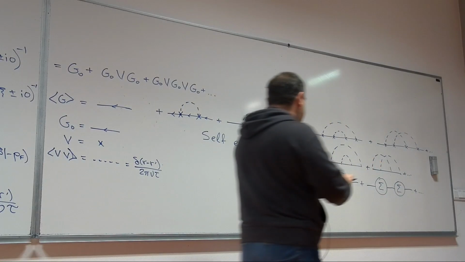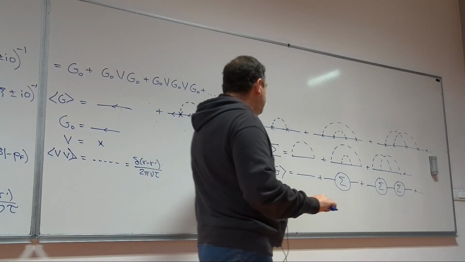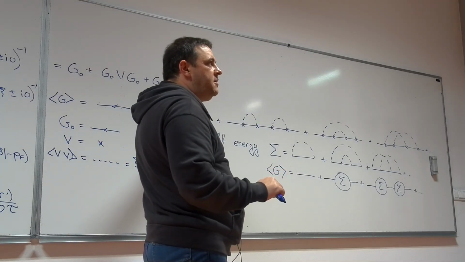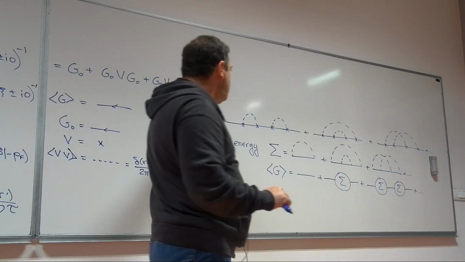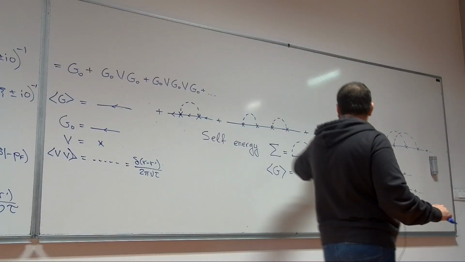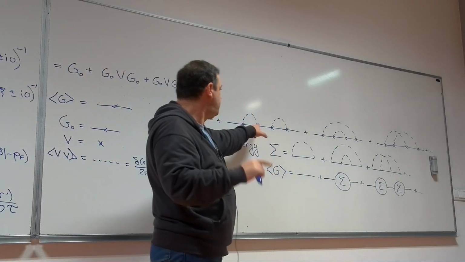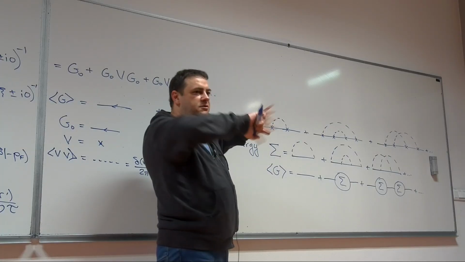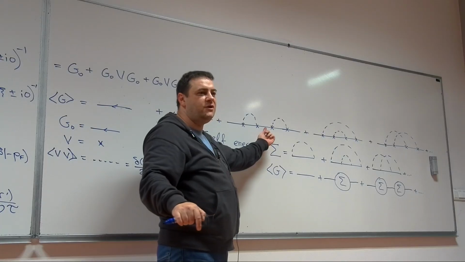So actually what happens? We take these diagrams for the green function and we say, this one is an irreducible diagram, this one is an irreducible diagram, this one is an irreducible diagram. This one is reducible. Reducible means that it can be cut in two disjoint parts by cutting just one green function here.